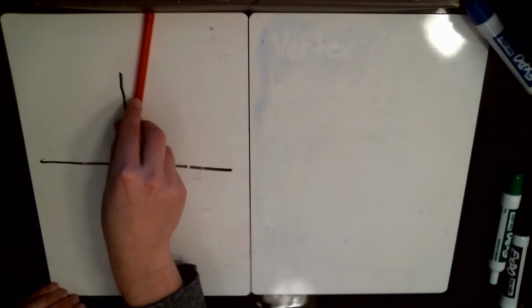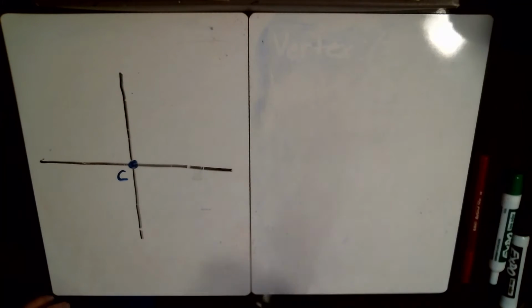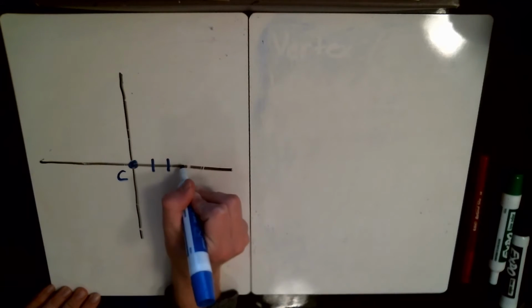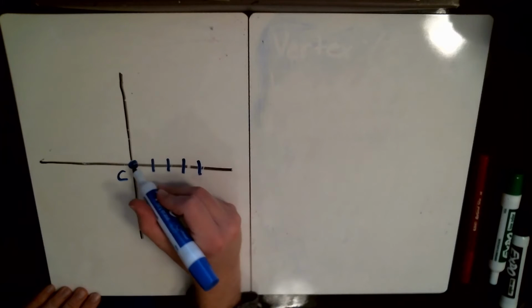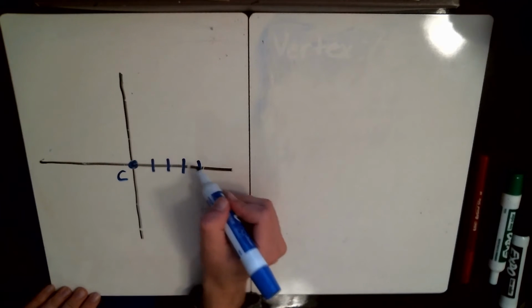Now this pen is kind of long for this graph, so I'm going to do a slightly shorter radius. Let's do a radius of 4: 1, 2, 3, 4.